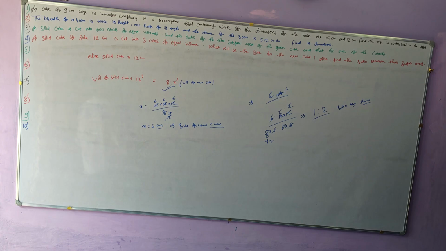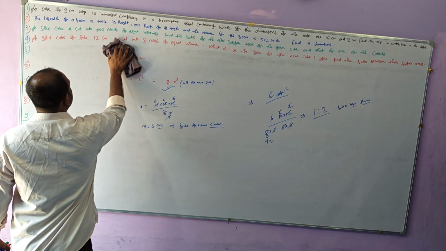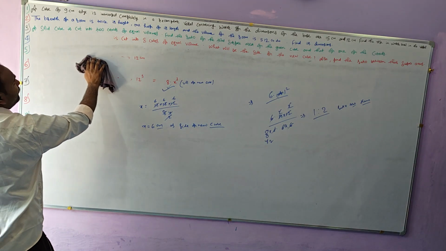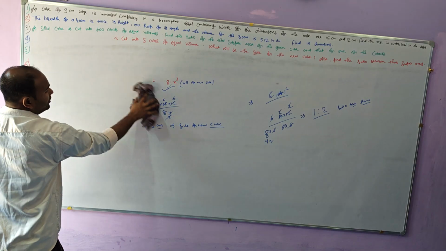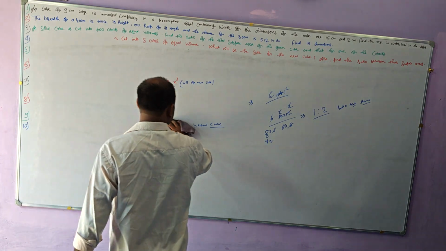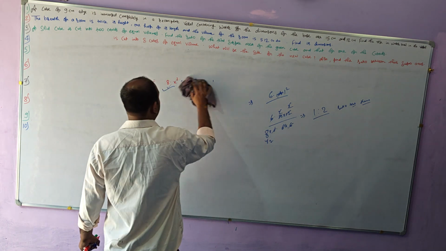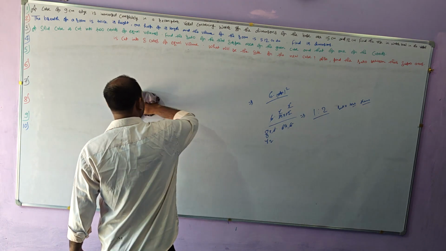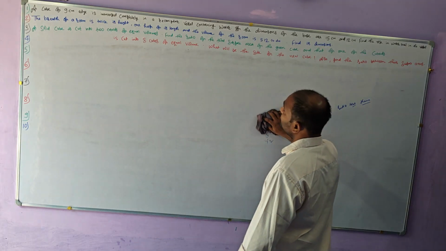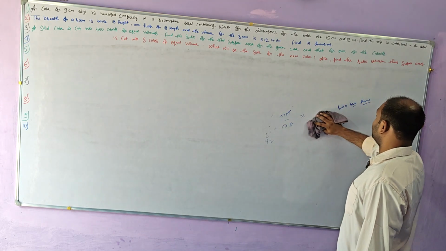So in another question, a solid cube is cut into 2 cuboids of equal volume. A cube is basically divided into cuboids of equal volumes.